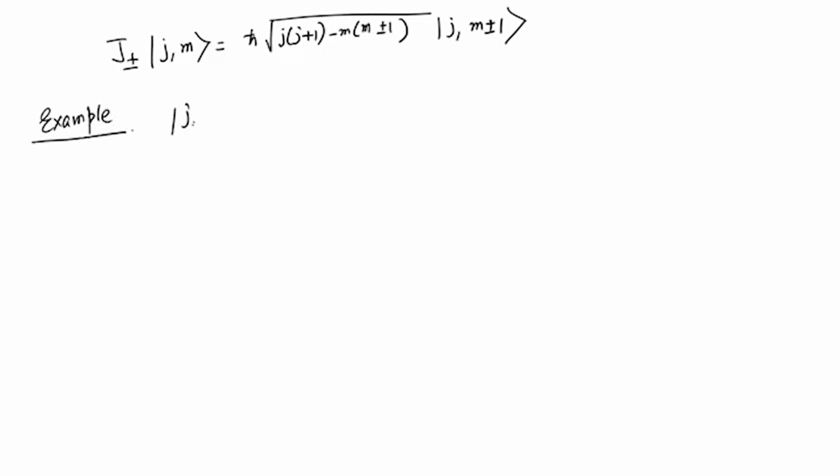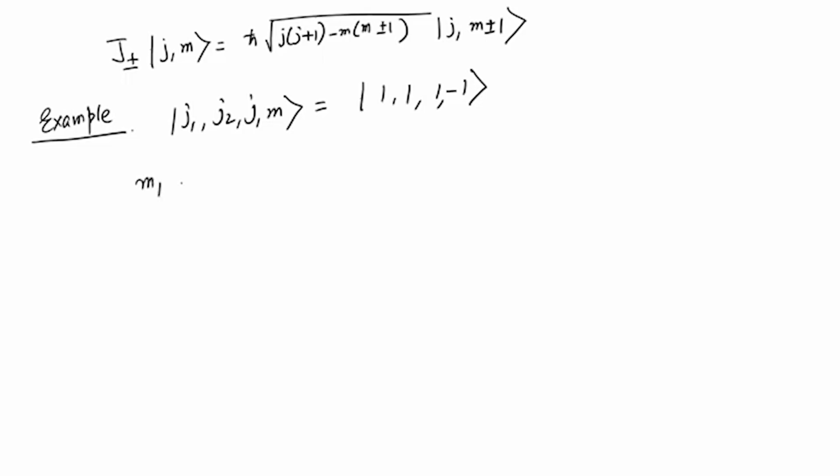Let J1, J2, J, M be given as 1, 1, 1, minus 1. These are the values given. Now you have to find the corresponding J1, M1, J2, M2, and which combinations of M1 and M2 will give rise to this state. That will give you the coefficient, and the mod square of the coefficients will give you the probability of finding them in those states.